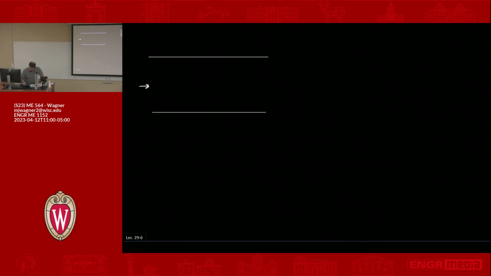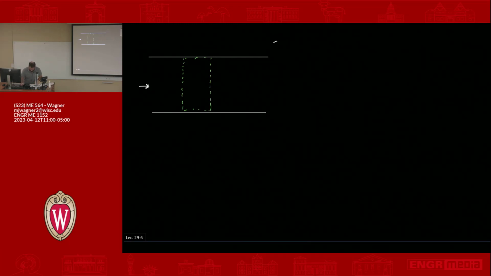And so what I want to do is draw a control volume where I look at the momentum considerations. I'm not going to do this as a 2D model. Let's just do it as a 1D model in the flow direction. What we're trying to do is look at the conservation of momentum.